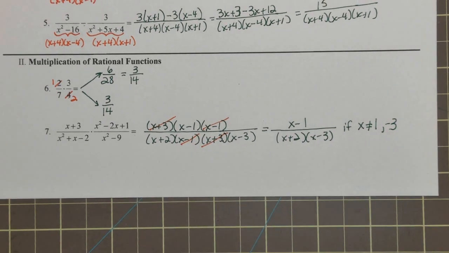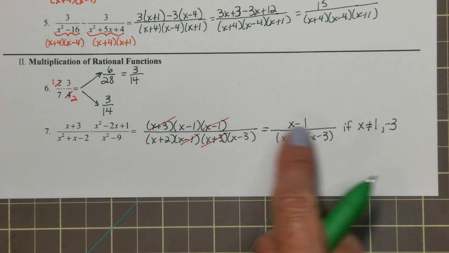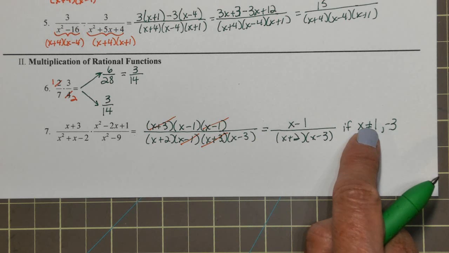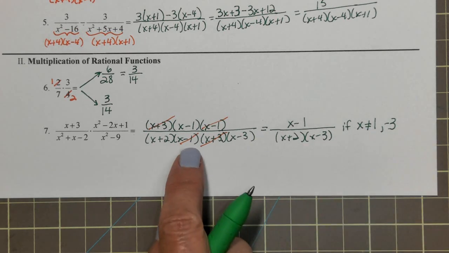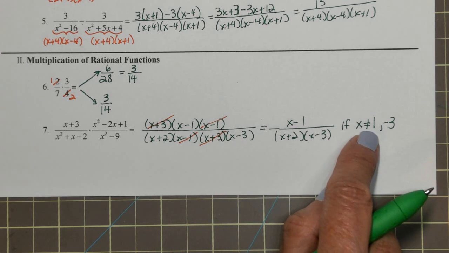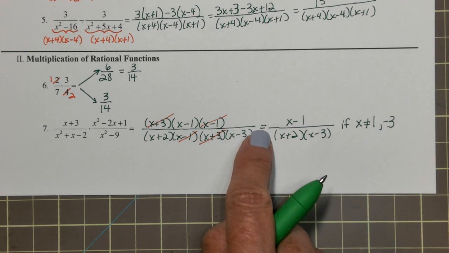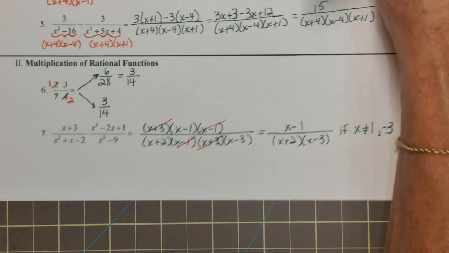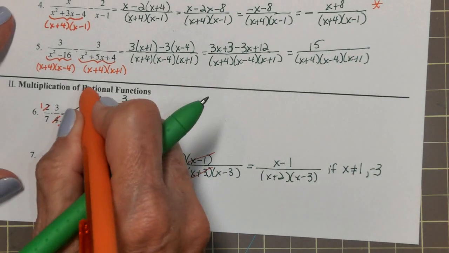That's the qualification. Yes, these are equal if this is true. All right? So whenever you cancel things out, make that qualification. Otherwise, this is not equal. Be careful with that. Okay, that's one of the keys since we're in rational functions.